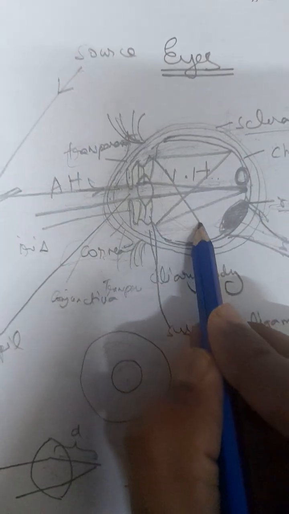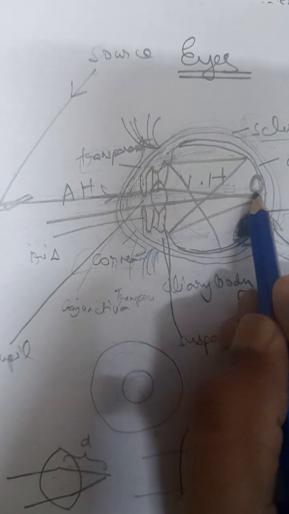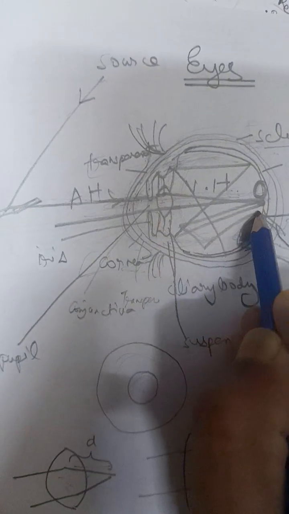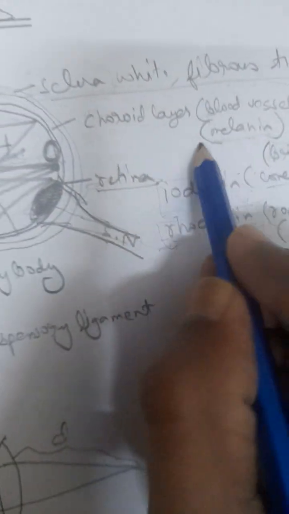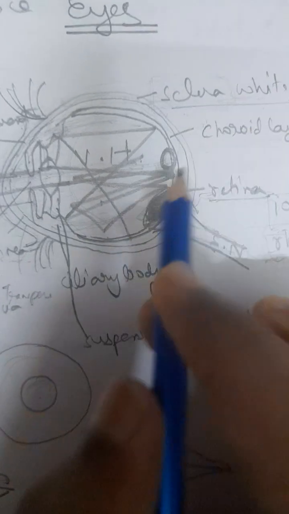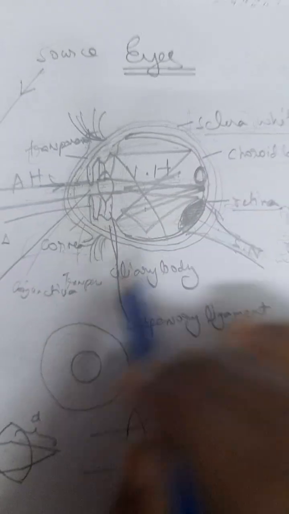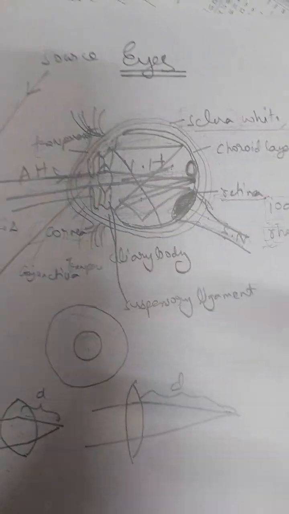So this type of scattering would take place. And this ray also will scatter here. So to prevent this scattering, melanin is there. It absorbs the light, so that the chemicals in the retina which are sensitive to this light can convert that to impulse. That is the diagram, and we have finished the entire eye portion.